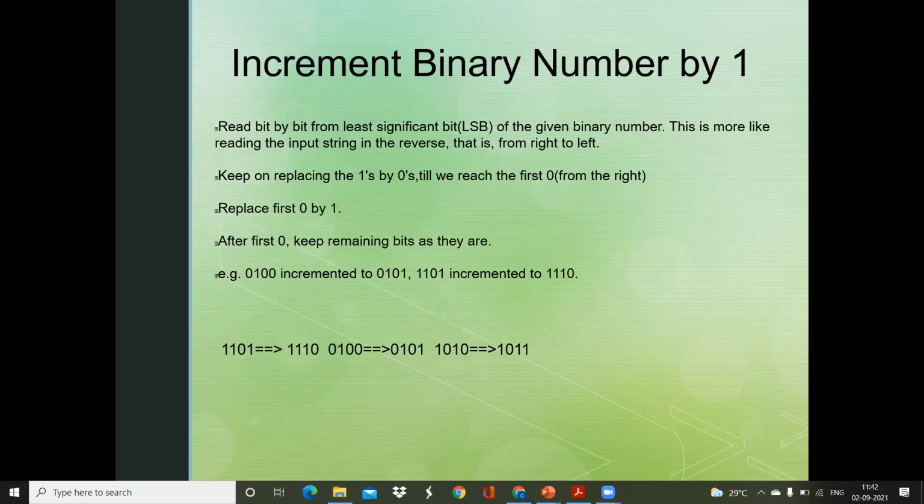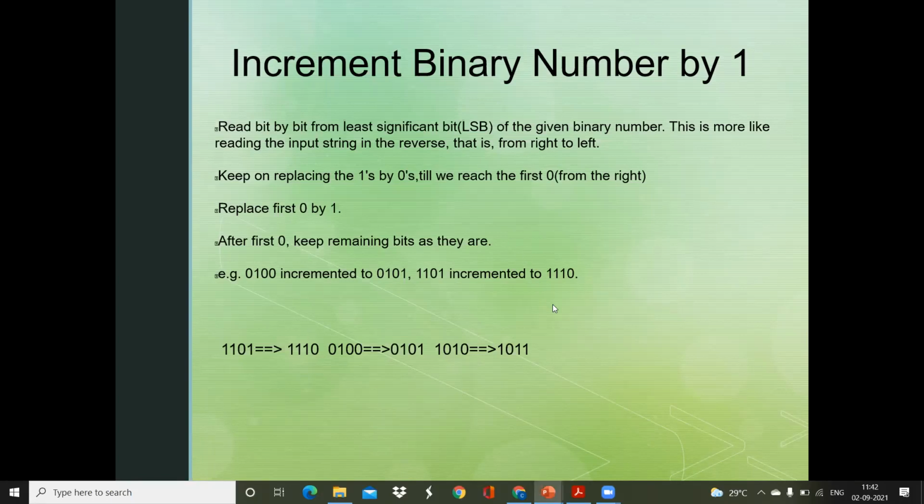And when it receives 0, the first 0, at that time it will replace that 0 by 1. And after that, if it receives any other bit, you have to keep it as it is.